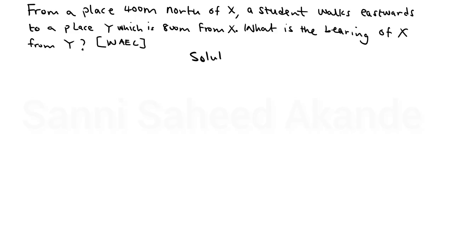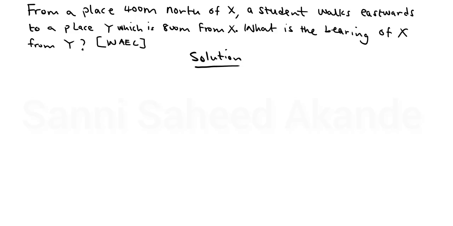So this is a practical question under trigonometry, and this question itself is a bearing question. Understood? Now we are going to sketch out this question before we try to find the bearing of x from y. So the question says, from a place 400 meter north of x.